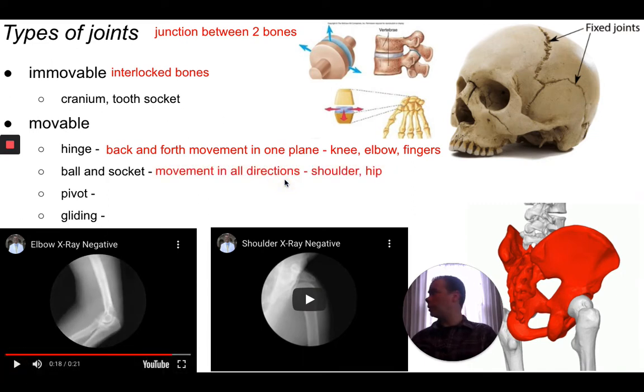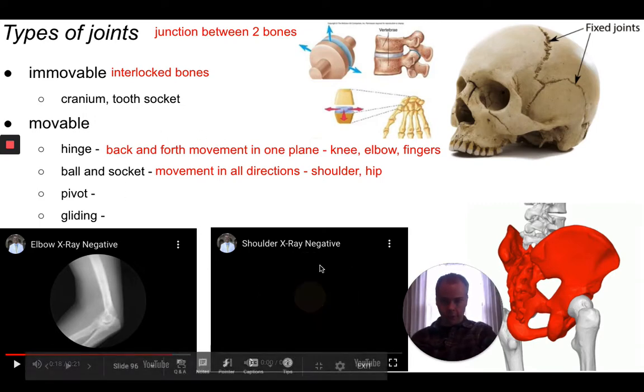There are also ball and socket joints, which allow for movement in a wider plane of direction. Your shoulder and your hip are ball and socket joints. With your shoulder, you can move it up and down, left and right. So you have a wider range of movement.